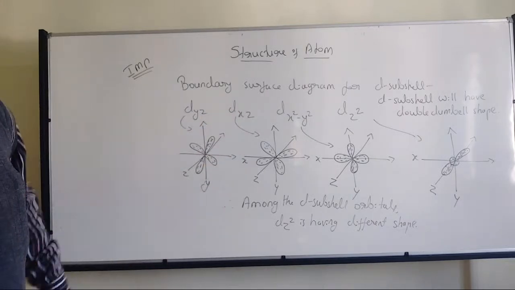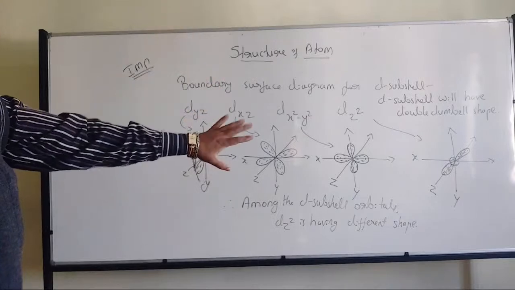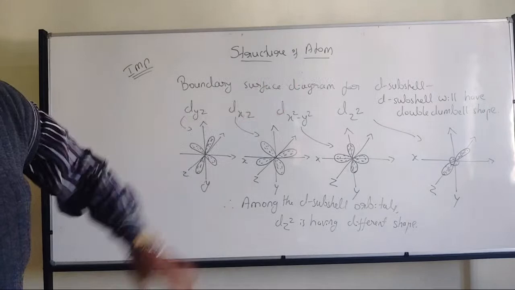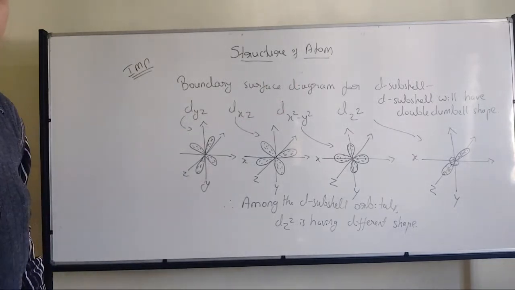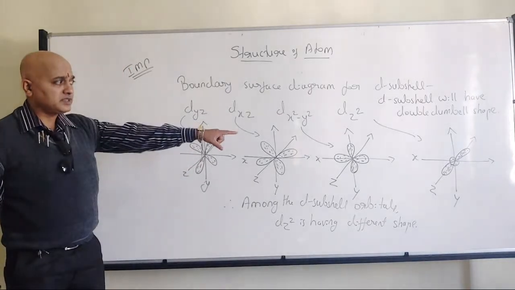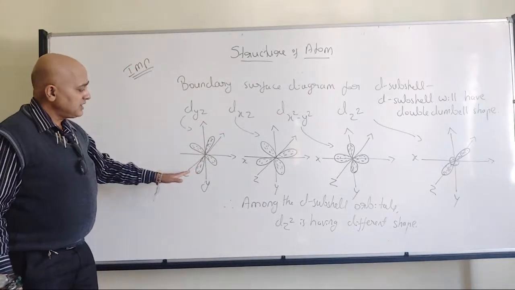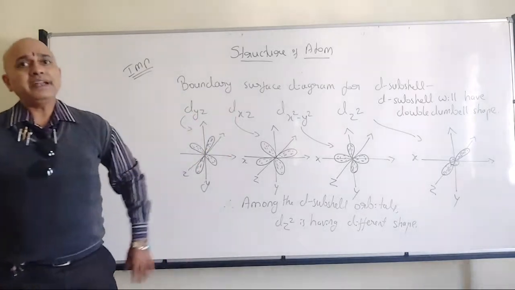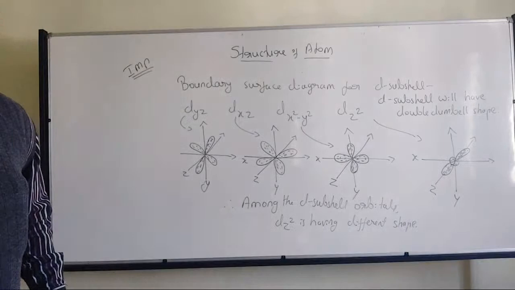Even dz square, if you want to make it straight, then make the z axis label straight from the beginning. I will wait. So from the beginning, if I want to show dz square as a straight one, then show the z axis as vertical to maintain the uniformity.